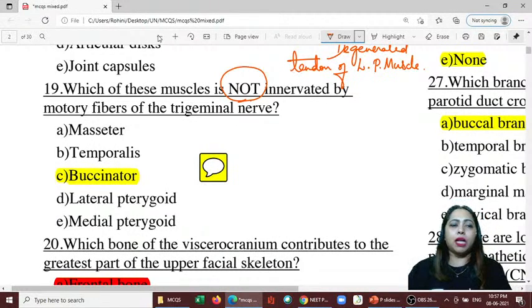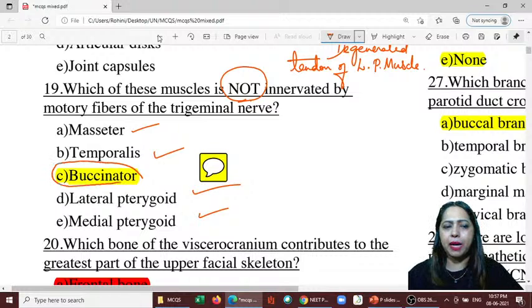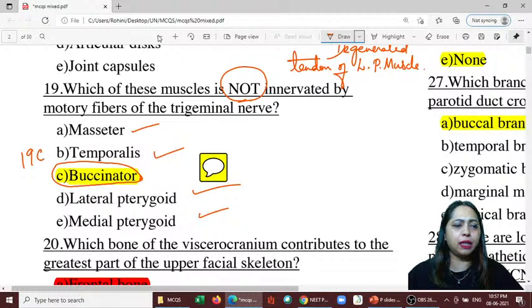Here, the masseter, temporalis, lateral and medial pterygoid. The trigeminal nerve supplies all of these except for the buccinator. Okay. So the answer here is 90C.